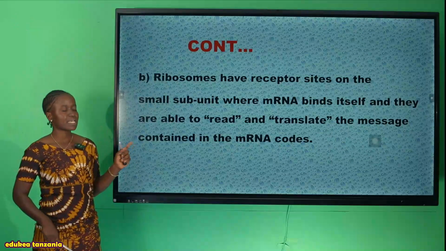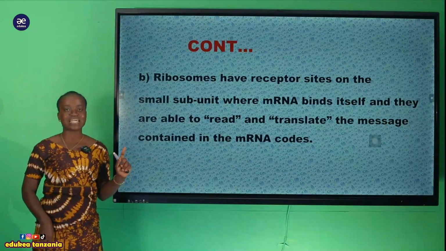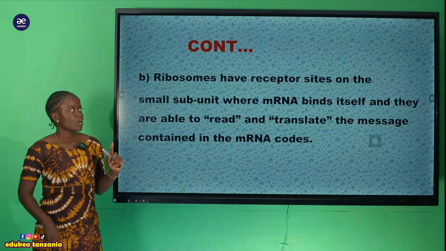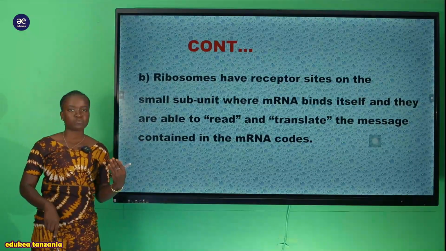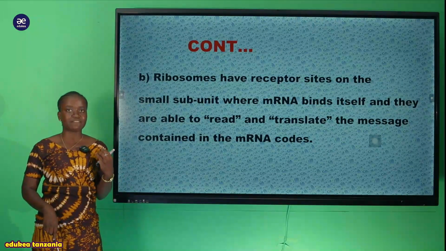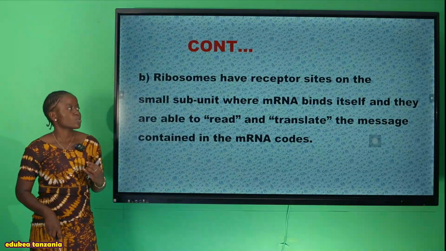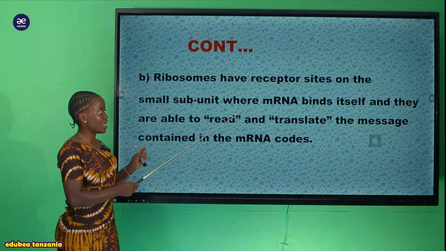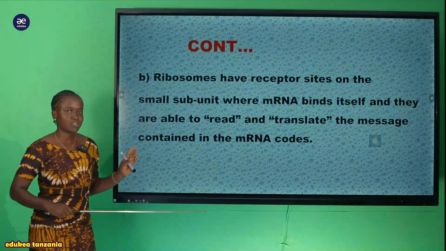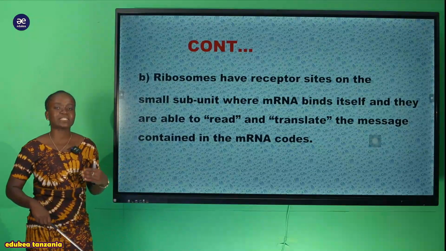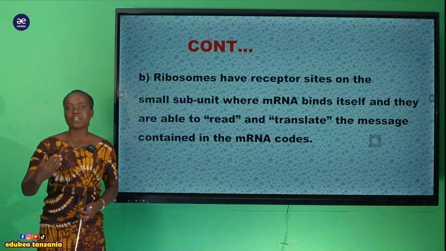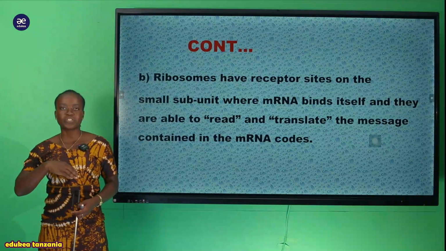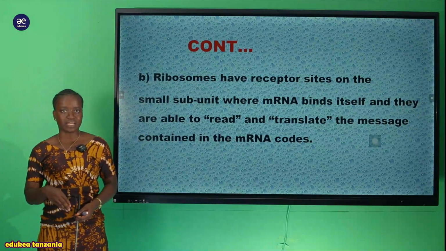So ribosome acts as a receptor site on the small subunit. Remember, the small subunit of ribosome is the 70S ribosome. In that small subunit is where the attachment of a messenger RNA is provided, in order to code for different kinds of protein to be made within the cell.